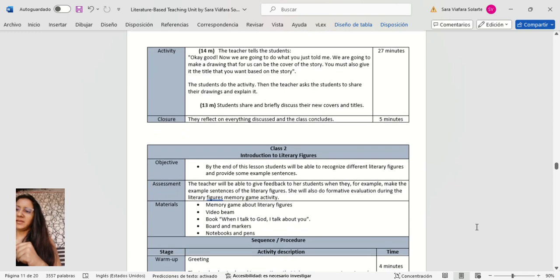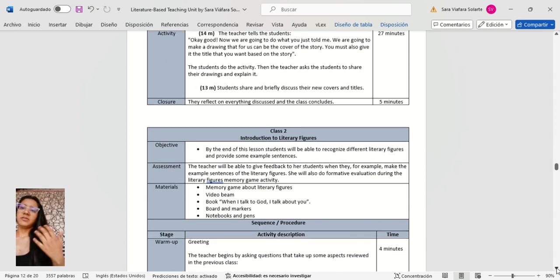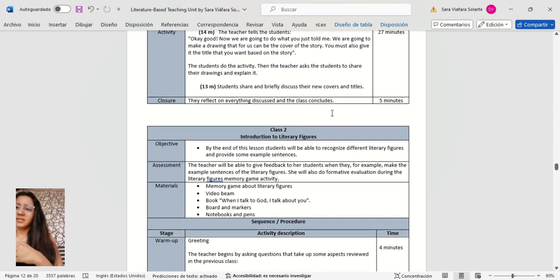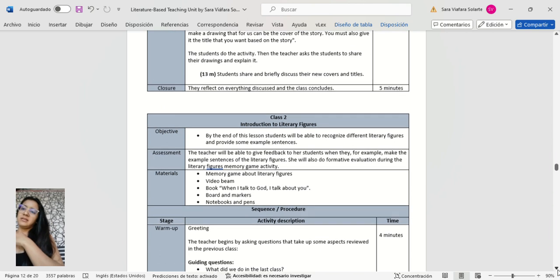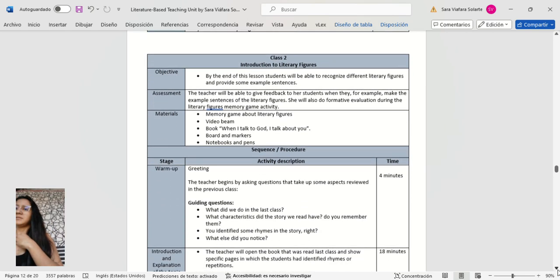The students do the exercise, and then they discuss their drawings and their titles, and they reflect on everything discussed in the class, and this class ends.